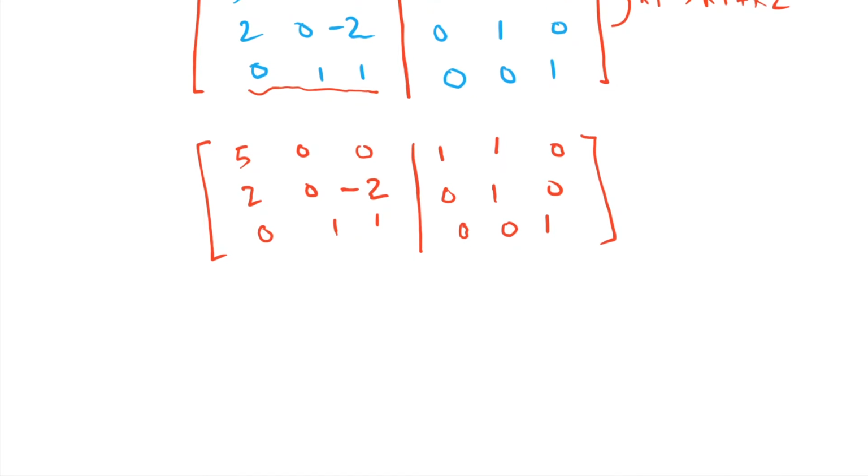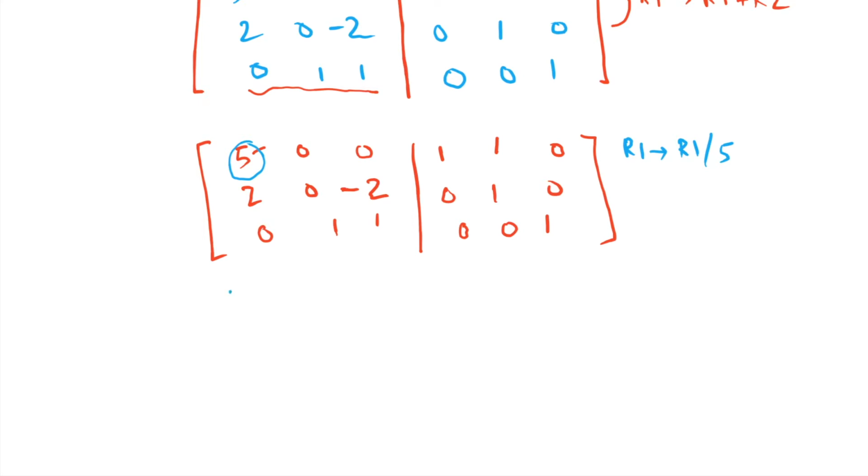Okay, so now the next step. Now what I see is that we have a 5 here, and I really want to get rid of the 5 and convert it into a 1. We can do this by replacing R1 with R1 divided by 5. So we multiply the first row by 0.2.